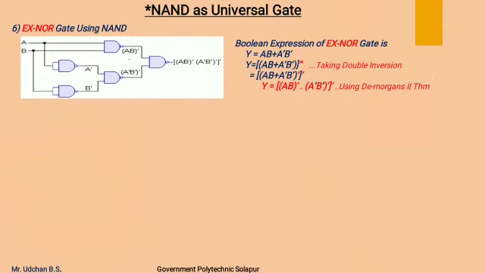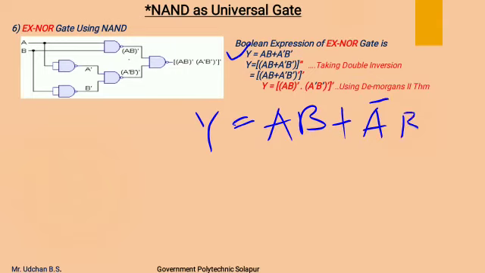Now next we will see how to get XNOR gate using NAND gate. Again we will write the expression of XNOR gate, which is y is equal to A B plus A complement B complement.